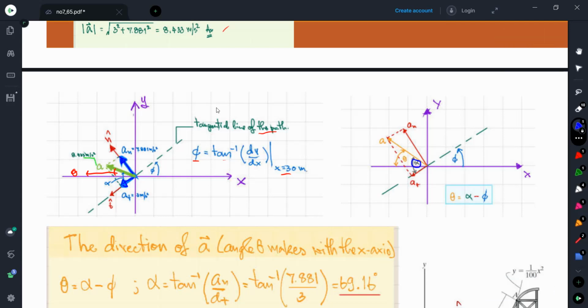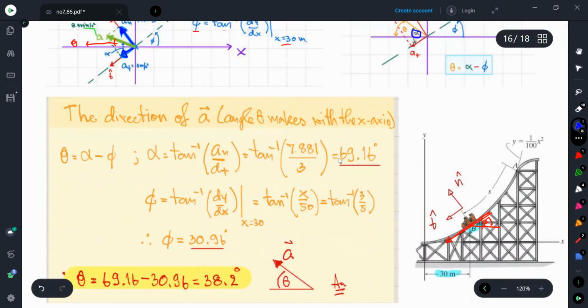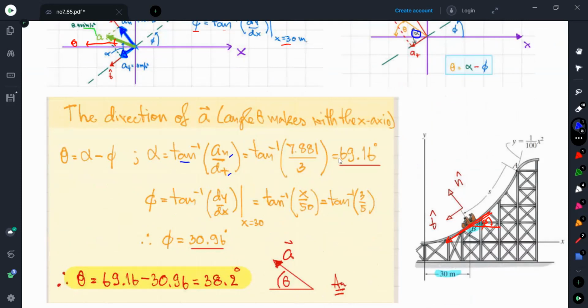The angle alpha can be determined by arctan of AN divided by AT. We got the angle of 69.16 degrees.